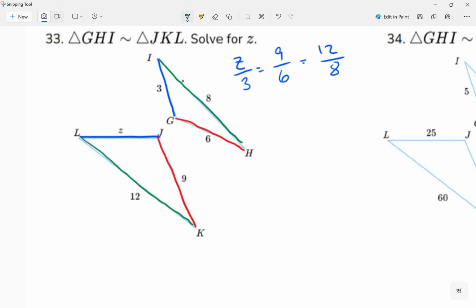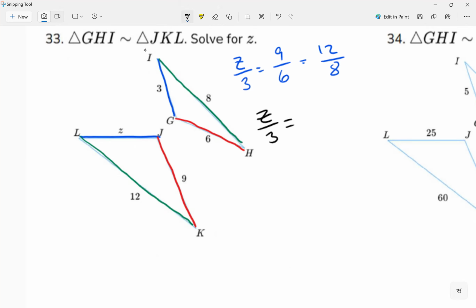Another thing I said is cross multiplying. To be honest, for this question, I'm only going to need two fractions. One of my fractions has to be Z over 3 for sure, because I'm solving for Z. The other fraction, whichever one I want of the two that I have, either 9 over 6 or 12 over 8, it does not matter which one I choose.